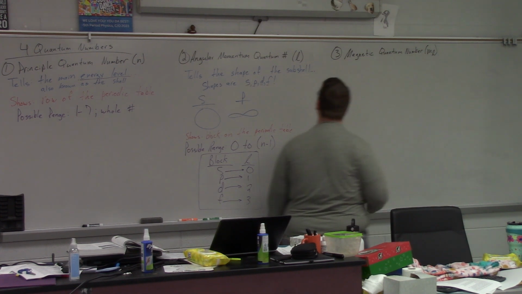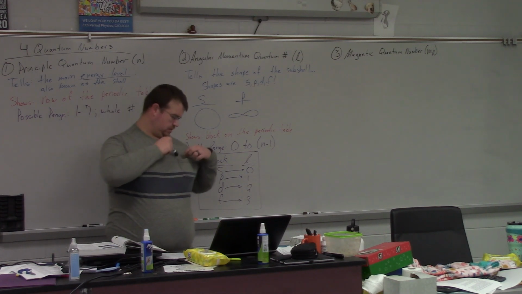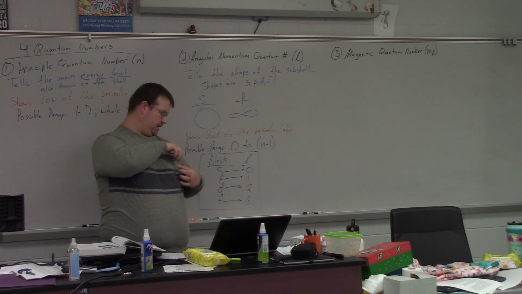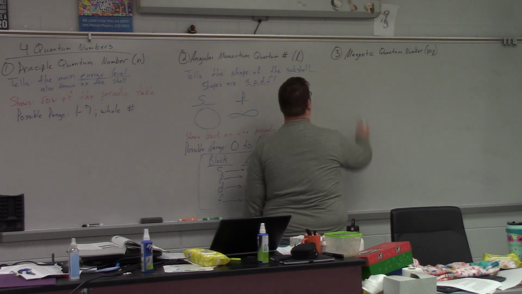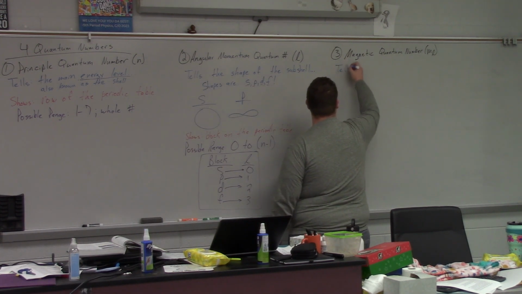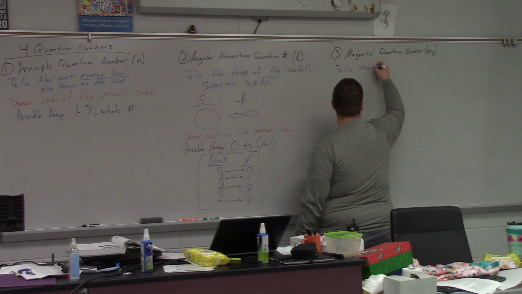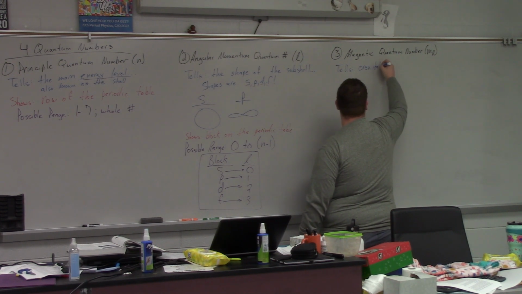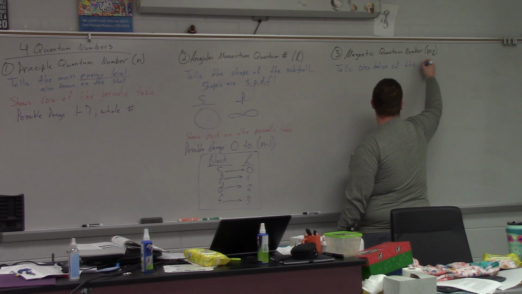So the magnetic quantum number, it does tell us something. It tells the orientation of the orbital.